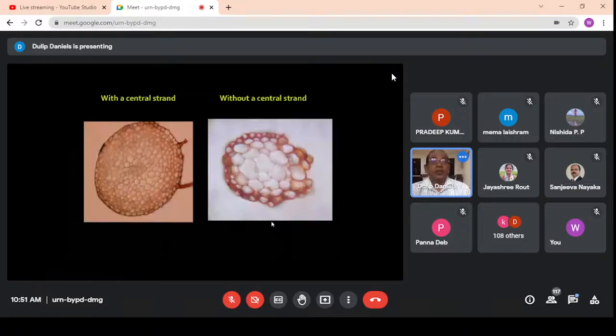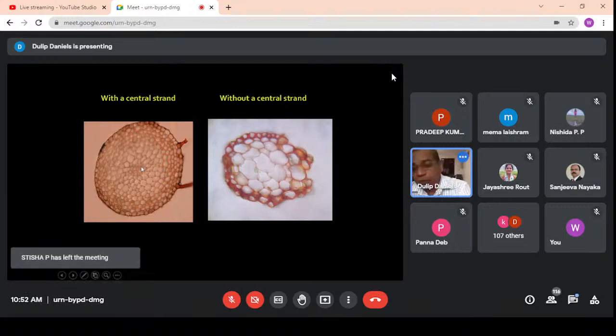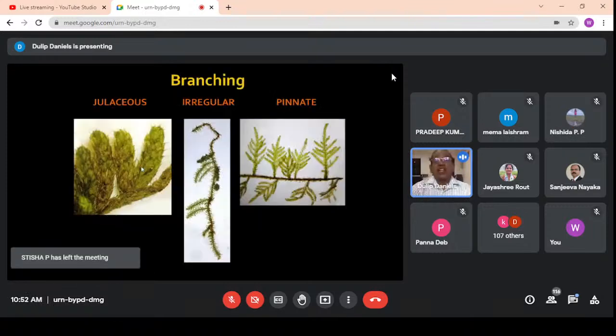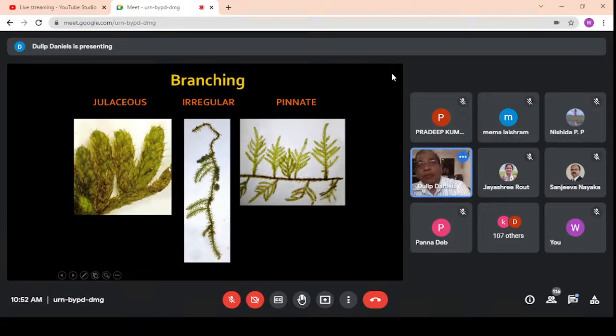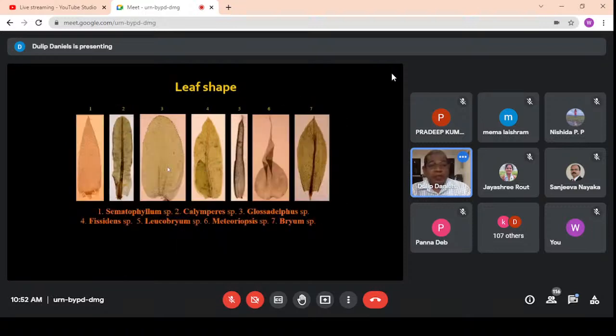Well, stem anatomy: some do not have a central strand, believed to be the beginning of a conductive tissue. Some do. The branching type: pinnate forms, irregular, julaceous. Even leaf shape, look at the diversity in the leaf shape of mosses.